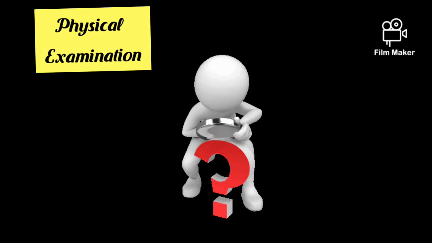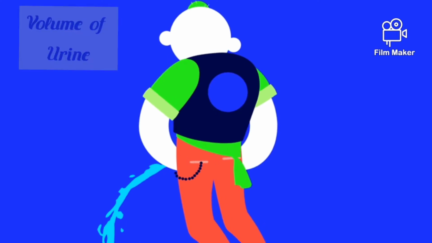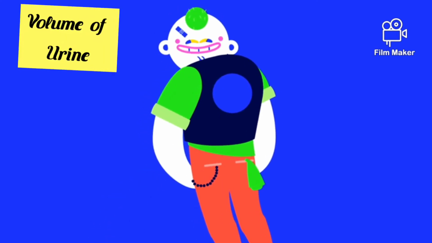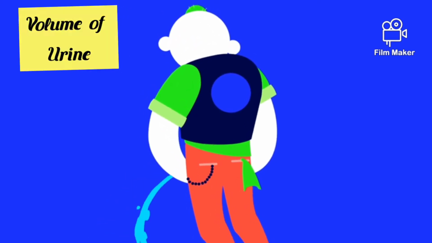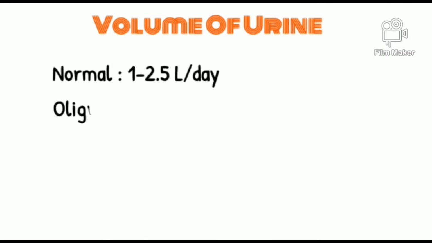Normally a person excretes 1 to 2.5 liters of urine per day. This is the normal volume of urine. But when the urine output is less than 400 milliliters per day, that is, when the urine output is reduced, we call that condition oliguria.